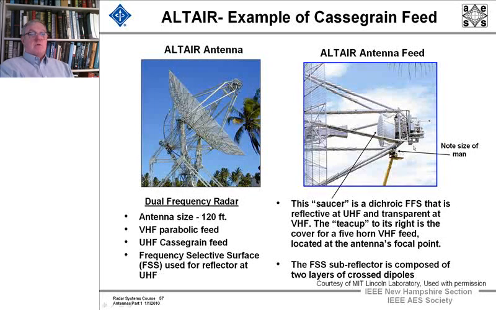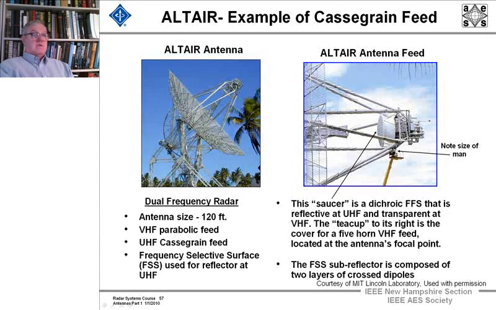The teacup to the right is the cover on a 5-horn VHF feed located at the antenna's focal point. So at VHF, you've got a plain parabolic reflector feed at the focal point, but at UHF, this is your hyperbola, which is reflective at UHF, and the energy goes back to the UHF feed.